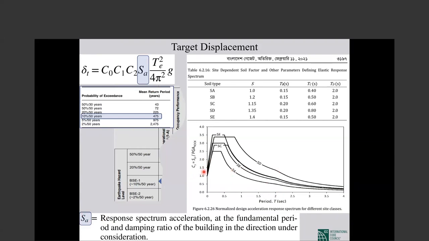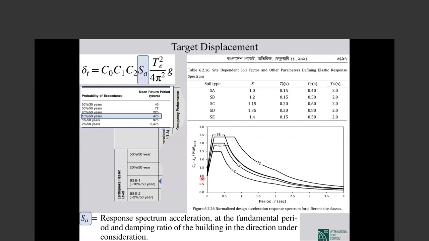For the base shear in linear analysis, giving acceleration was good, because acceleration times mass becomes force, second law of Newton. But here we want displacement. We don't want force. So this acceleration is not that interesting for us. But what we have usually is the response spectrum. If you have the period of the building, you get the maximum acceleration.